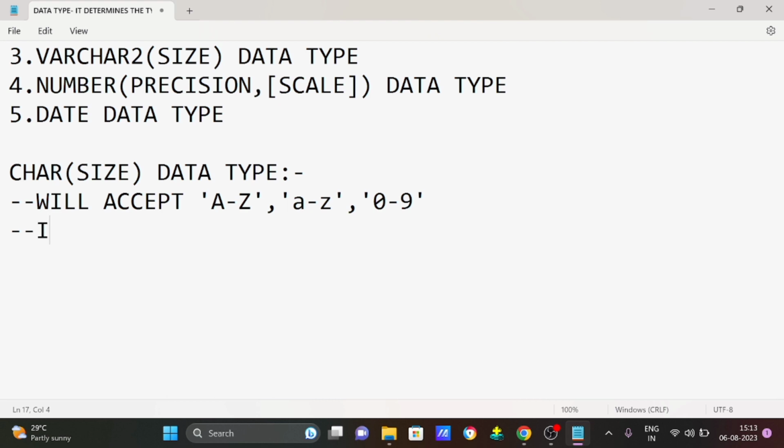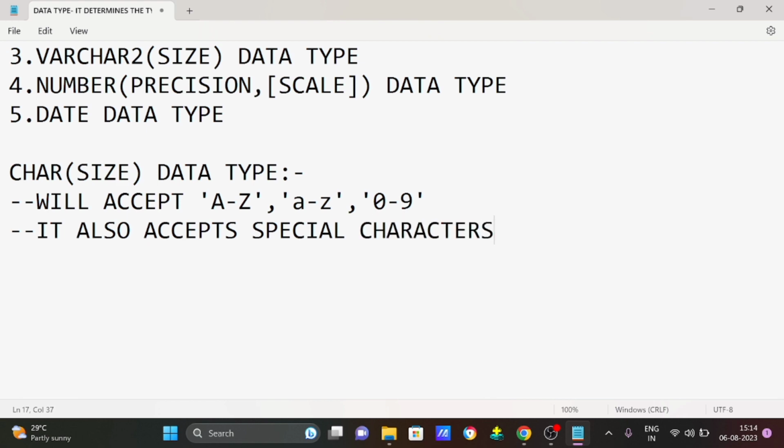Next, it also accepts special characters. What is meant by special characters? These are examples of special characters, etc. If we observe these special characters, they can be displayed on the screen by pressing the Shift button with any other key on the keyboard.